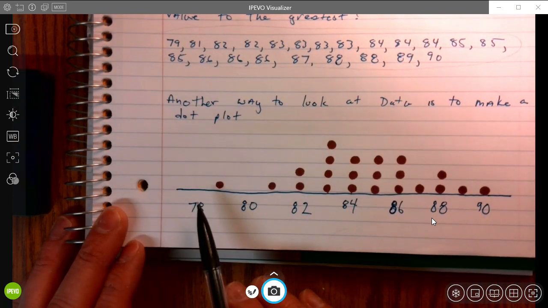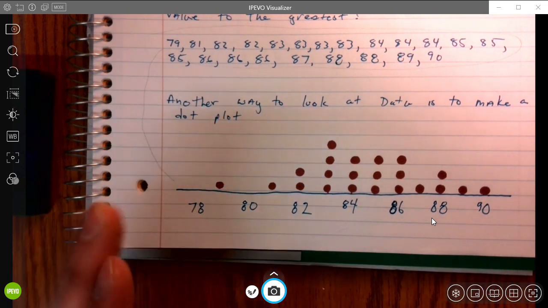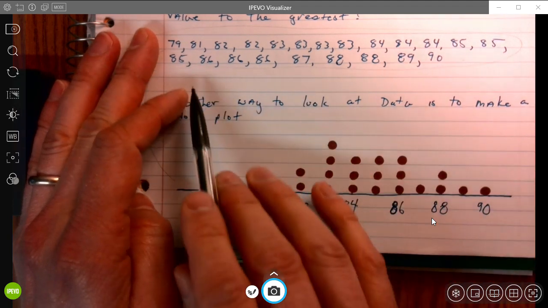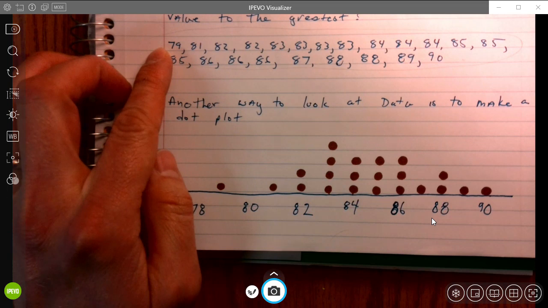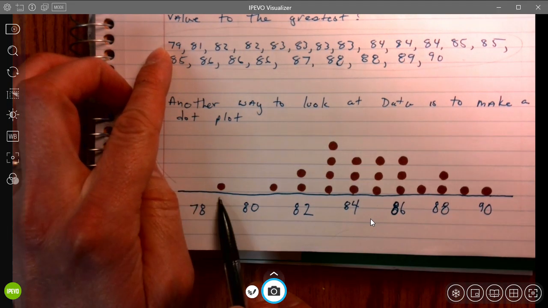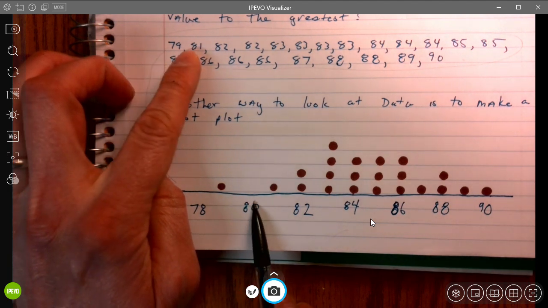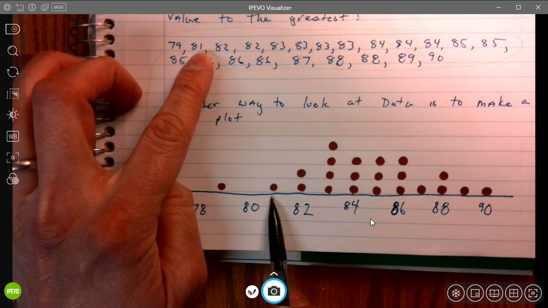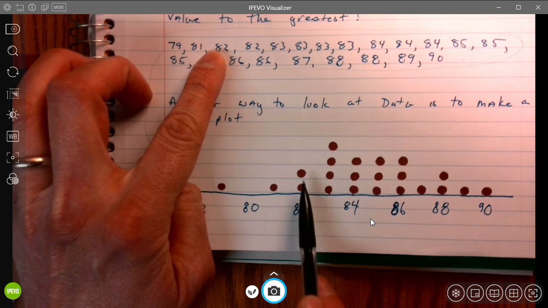All I did is I took this data, I made a number line that encompasses roughly my data range, and then for every piece of data, I put a dot. So, as you can see, there's one 79. There is no 80, but there is one 81, and there are two 82s, so there are two dots.